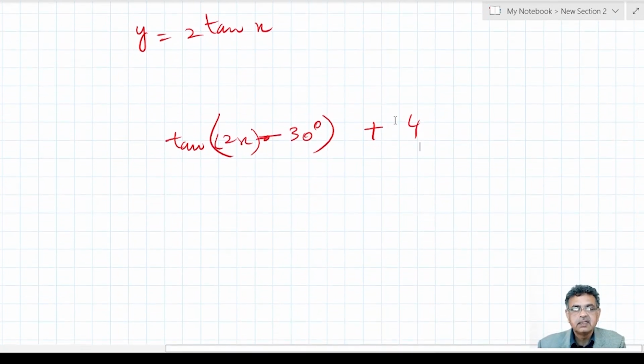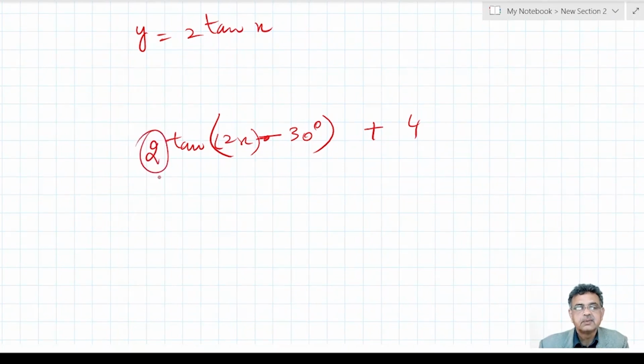We have already discussed the changes in a graph due to these values. This is amplitude, this is frequency, this is its horizontal translation, and this is vertical translation, and the number along with this, that is amplitude.